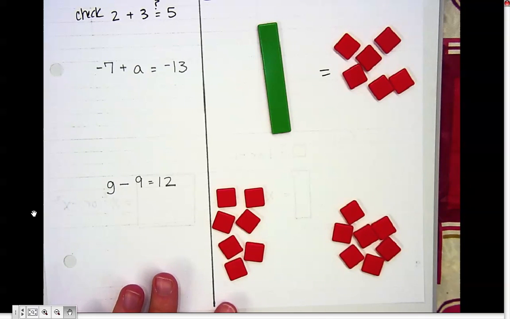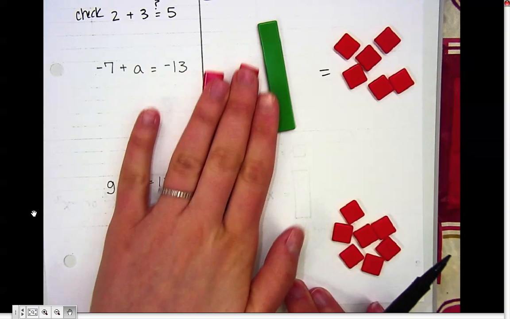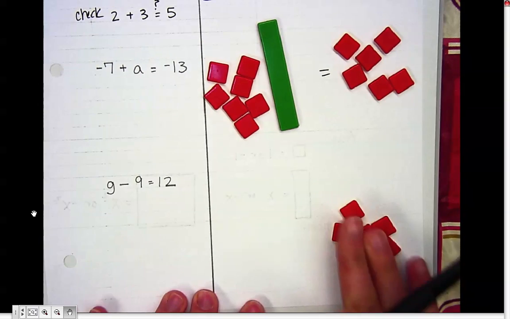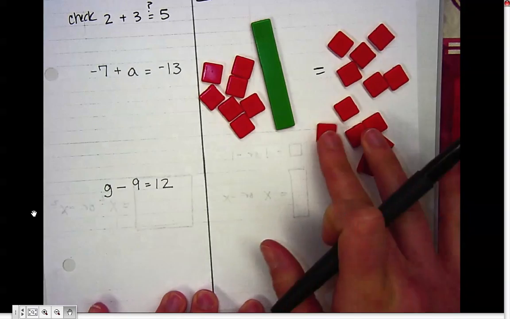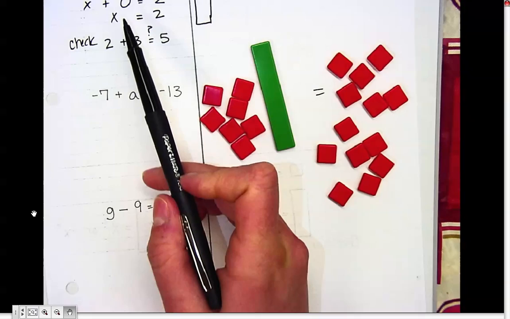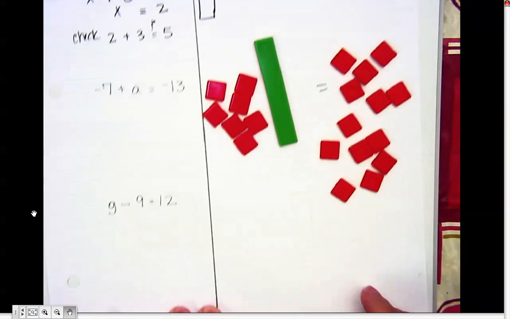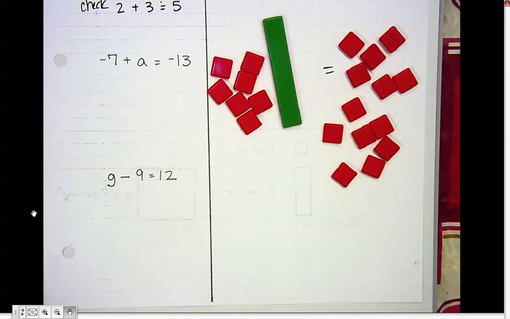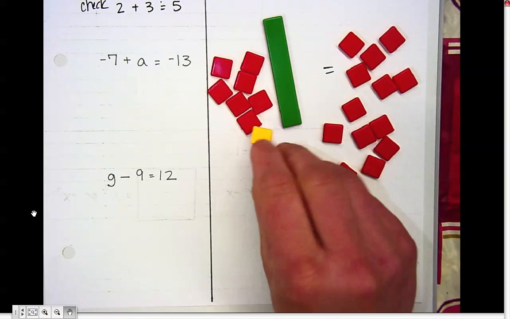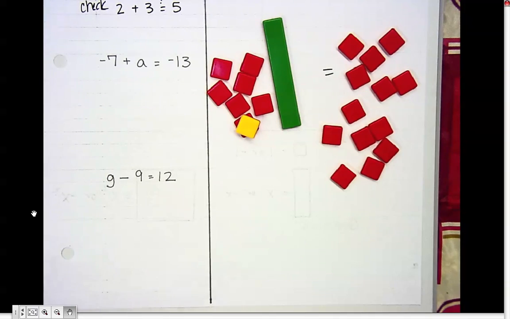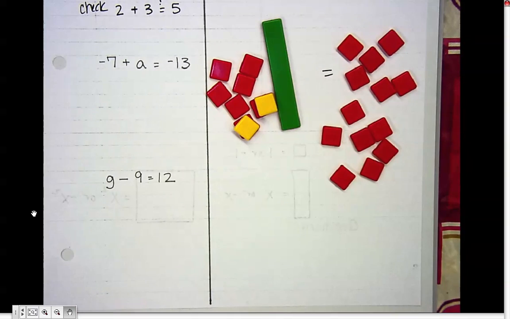Now another option is I could also zero out. So just like we've got a 0 up on this one up here, by taking away, I could use my yellow pieces to get 0. So I could make my little 0 pairs here. As a reminder, a red and a yellow make 0.